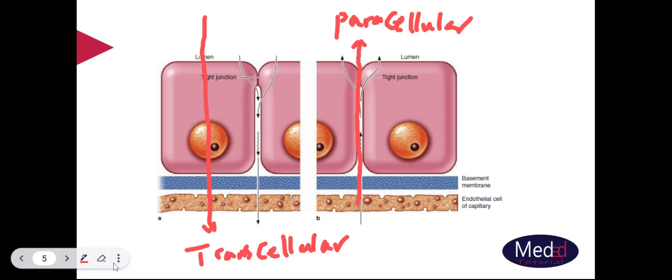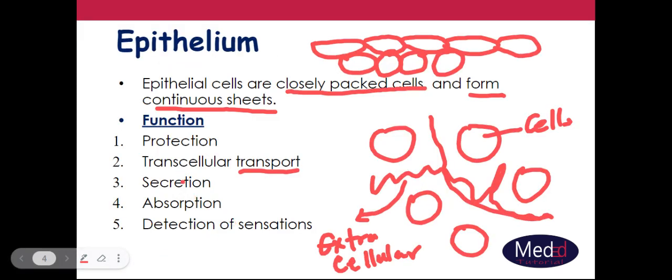Let's go back to the other functions of epithelial tissue. Another function is that they help in secretion. As we are going to talk about later in this video, epithelial tissue can serve as a lining or sheet, and some of them can serve as a gland. All these glands help in secretion of various substances like hormones and enzymes.